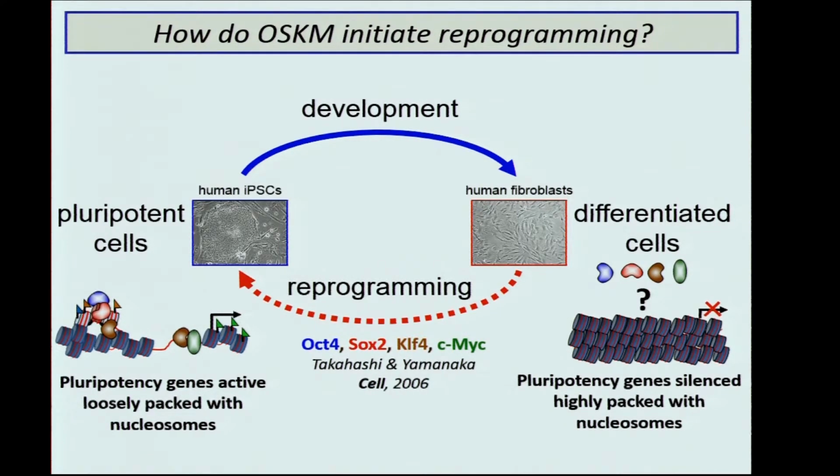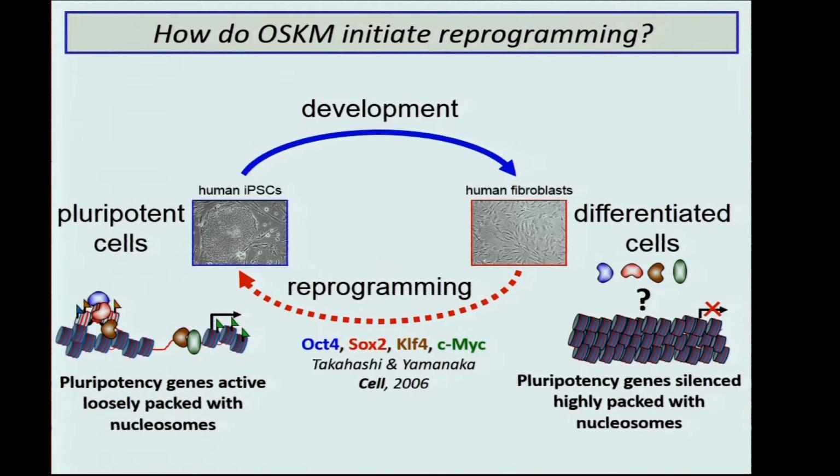And why this is important is that the pluripotency genes in differentiated cells, such as fibroblasts, are silenced, which means they are within closed chromatin. Closed chromatin contains DNA that is highly packed with nucleosomes, and it's this DNA that these factors need to interact with in order to regulate gene expression.